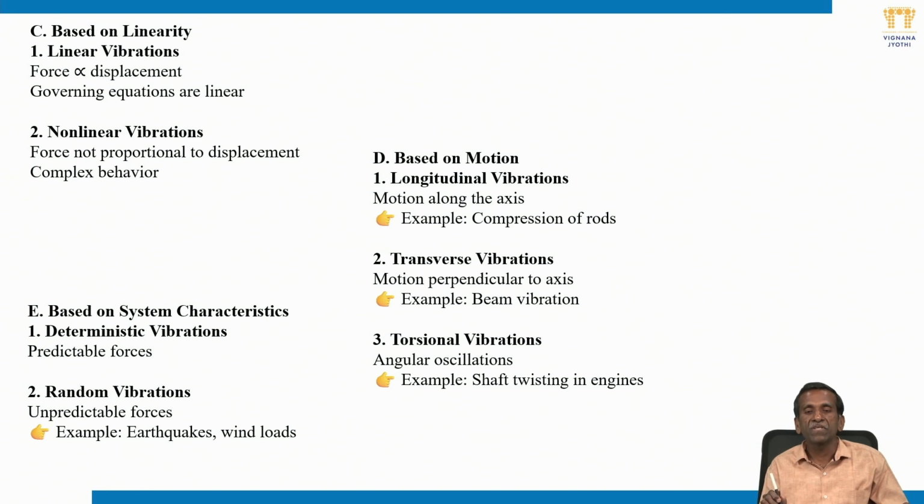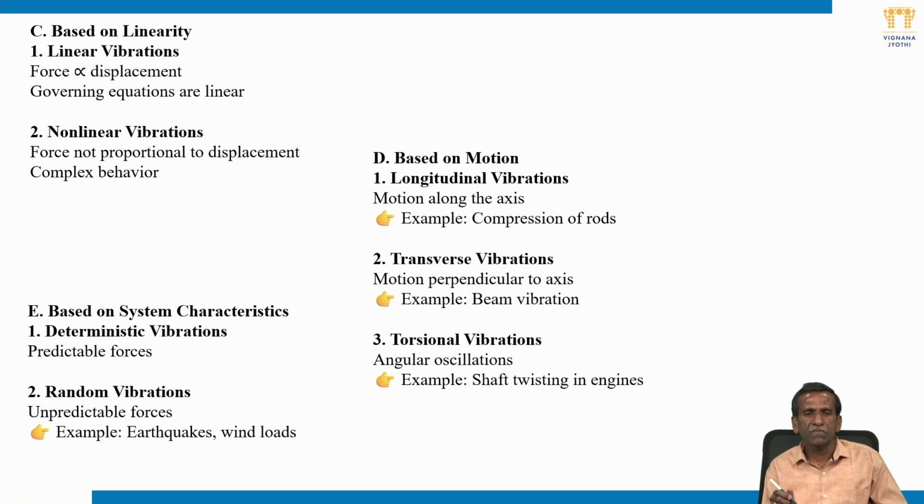An example is beam vibration: a beam with two supports and loads acting transverse to its length has transverse vibrations. And if you apply a twisting action, giving an angular displacement, the vibrations which occur are called torsional vibrations.